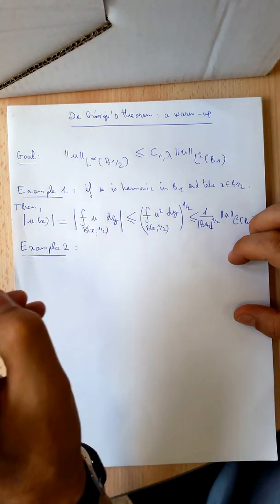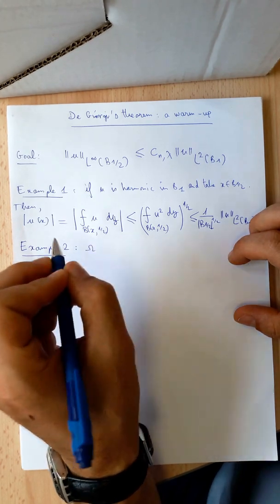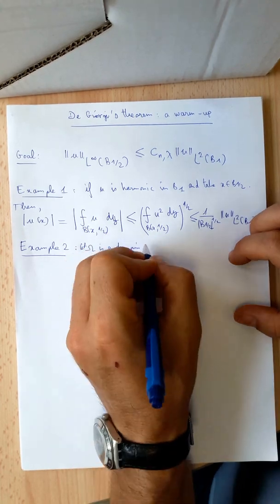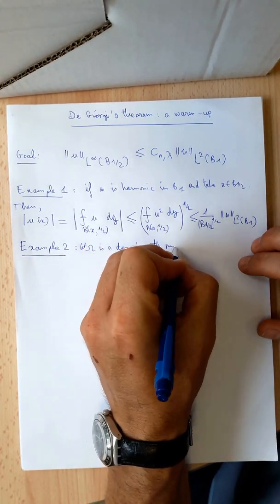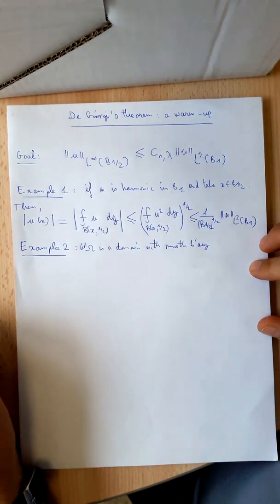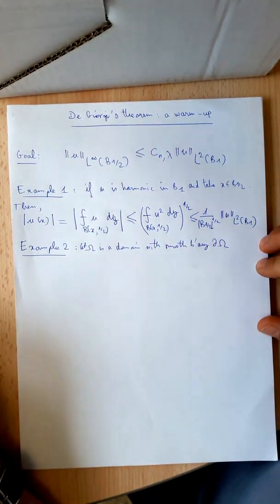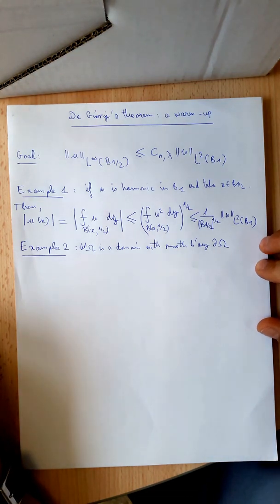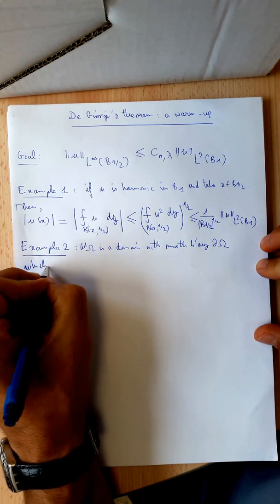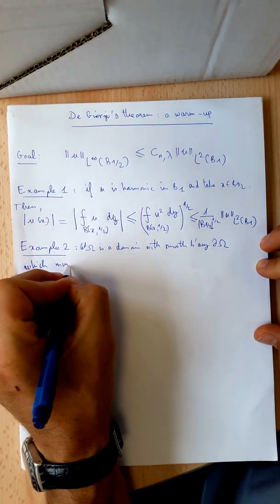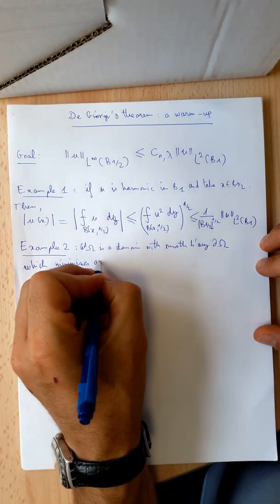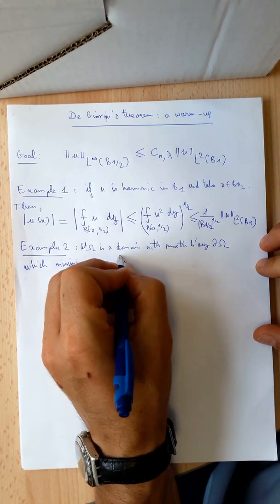So here we're going to assume that omega is a domain with smooth boundary, let's say a compact domain if you want, in R^n, and we're going to assume that the boundary of omega is a minimal surface. So it's going to be minimizing area.